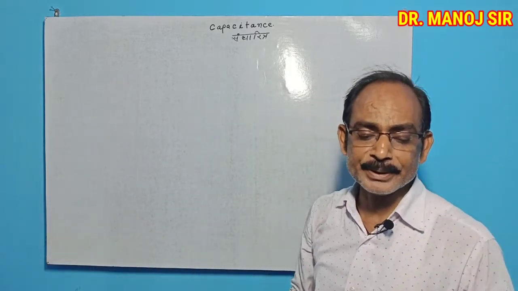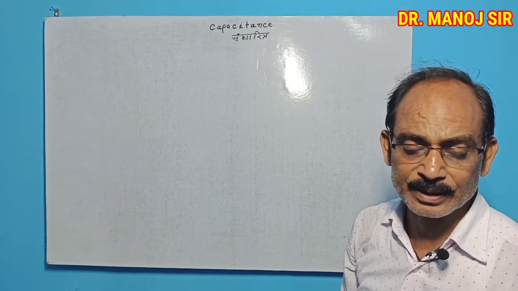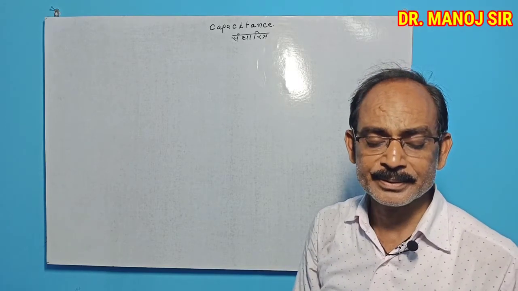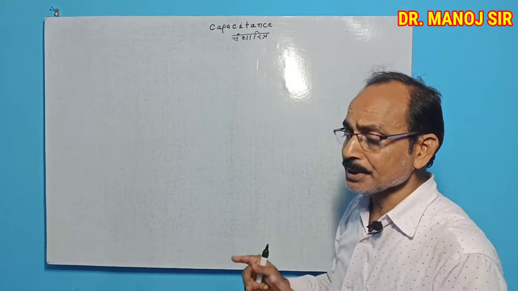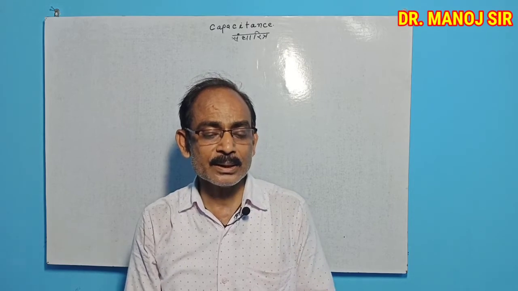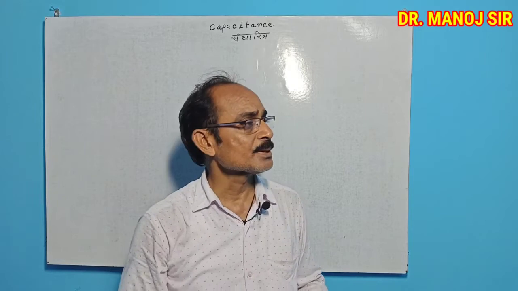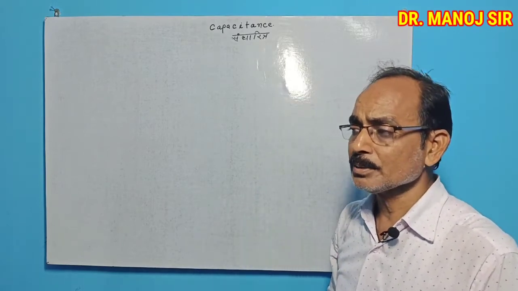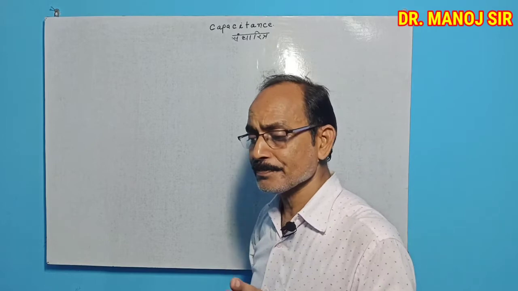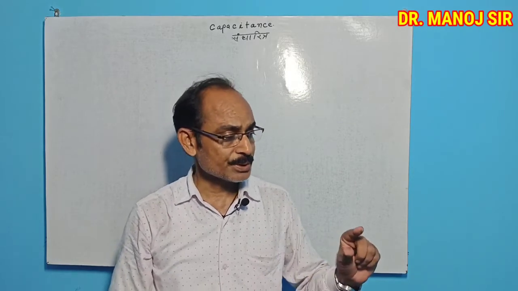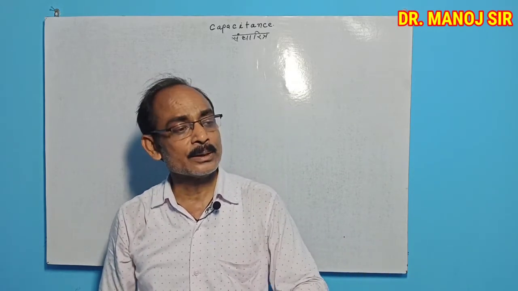A series combination can be defined as follows: the second end of the first condensing plate is added to the first end of the second condensing plate, and the last end of the second condensing plate is added to the first end of the third condensing plate.